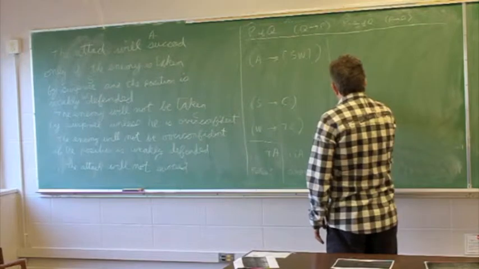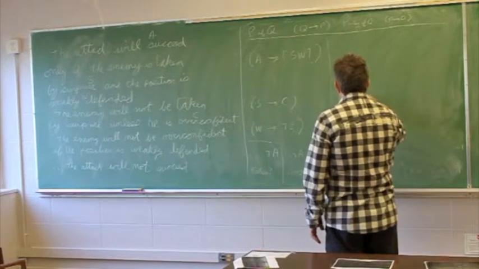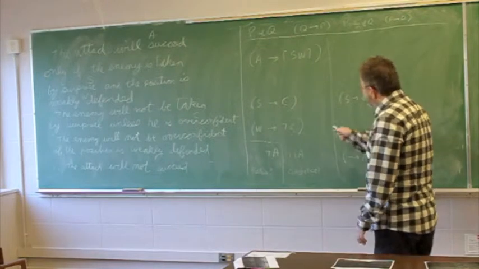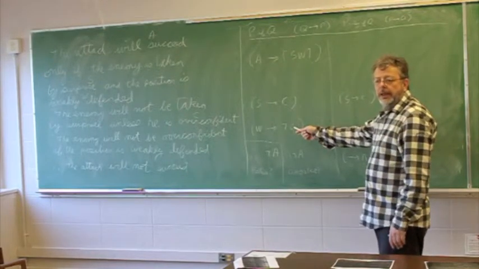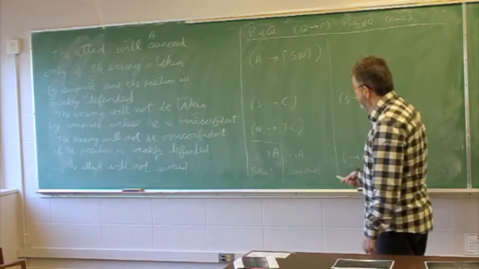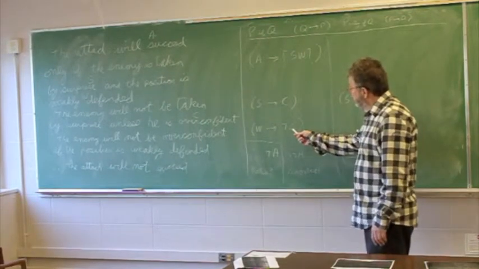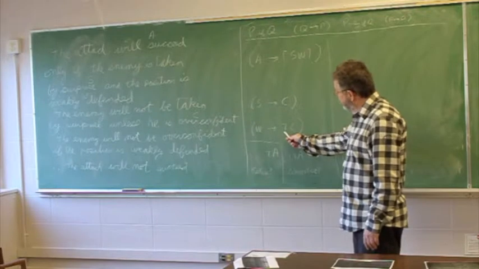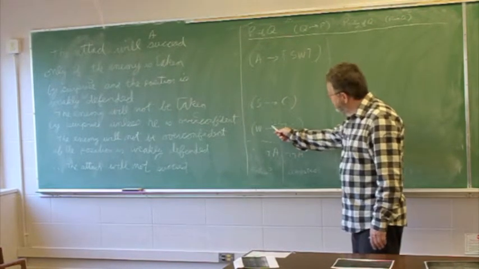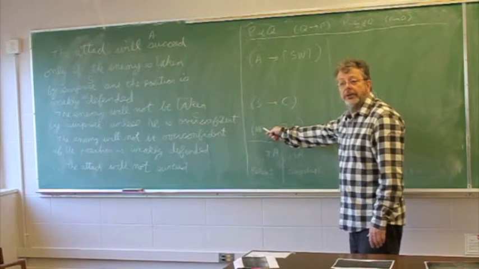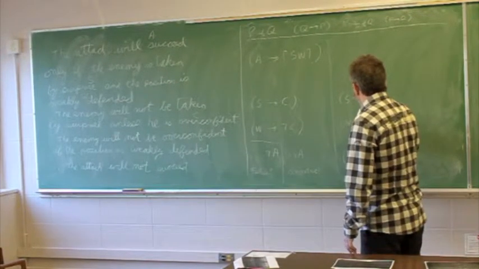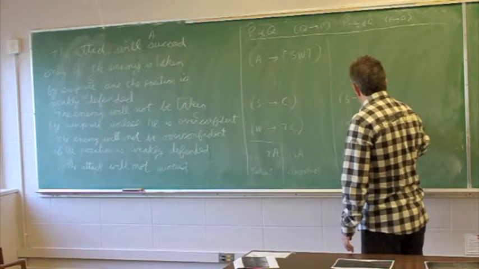This one is already a clause. This one is not a clause because it has a negation in it. But there's a really easy way of dealing with negation: if you have not C on the right-hand side of the implication, you just remove the negation and move the C over to the left-hand side. So this is logically equivalent to W and C implies nothing, and that is a clause.